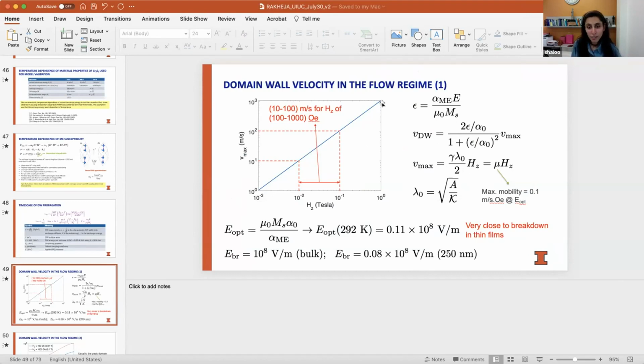I've plotted it as a function of the magnetic field that you would apply, and maybe you get between 10 to 100 meters per second for 100 to 1,000 Oersted of field. The problem is that in experiments, they got a 5 meter per second speed, but they got it for 60 kilo-Oersted, which is like 3 or 4 orders of magnitude more. So their mobilities are extremely terrible. But anyway, the model does contain the relevant parameters of the material.